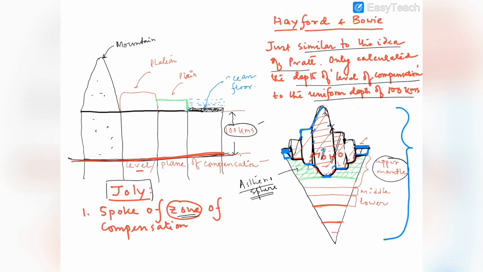He said there is a zone which is 16 kilometer in thickness. But Joly also said that above the zone of compensation, the density is the same. That is what George Airy said. And in this density aspect, again Joly went wrong, because the mountain, plateau, plain, ocean bottom, etc. cannot have the same density. They are made up of different minerals.